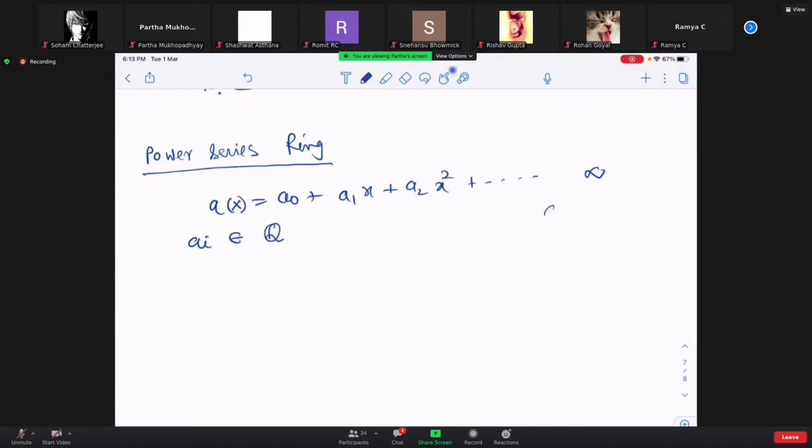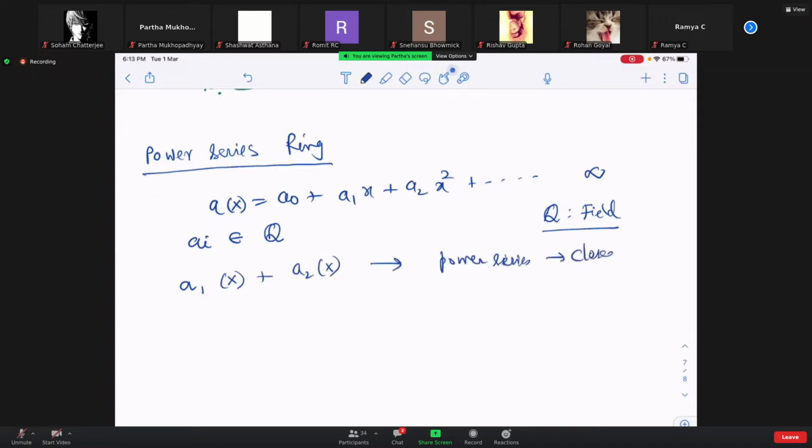If you don't know what a ring and a field are, you will soon learn it. It doesn't matter. Like the set of rationals, introduced a bit in analysis 1 or something. We don't need a lot of fancy things here. Just think of a1 plus a2x as also a power series. So the set of power series is closed under addition.